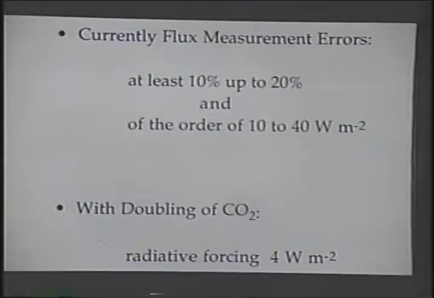For example, after FIFE, the first ISLSCP field experiment, about which I will talk some more later on in this talk, there was no unanimity, but in general, it was concluded by the participants that surface latent and sensible heat fluxes, as measured during that experiment, were generally subject to errors on the order of 10 to 20%.